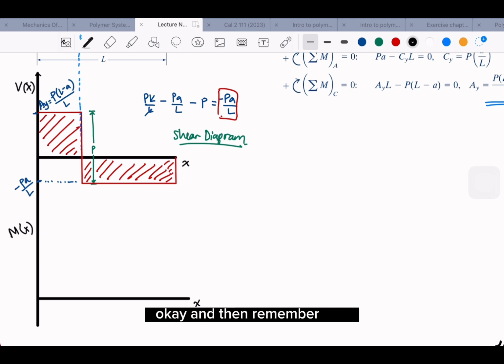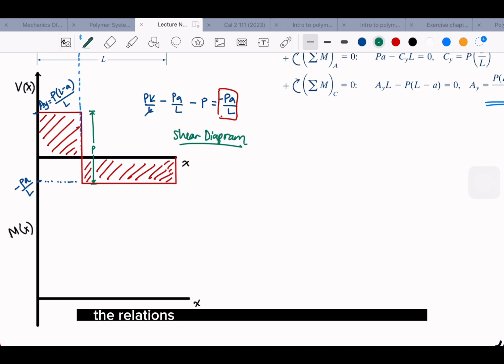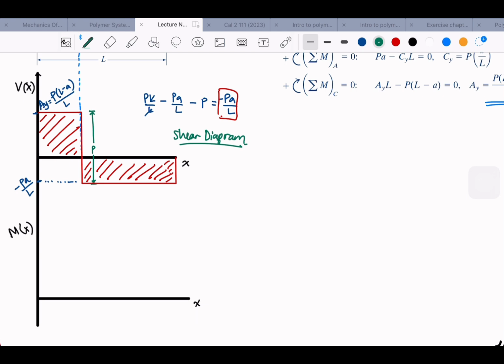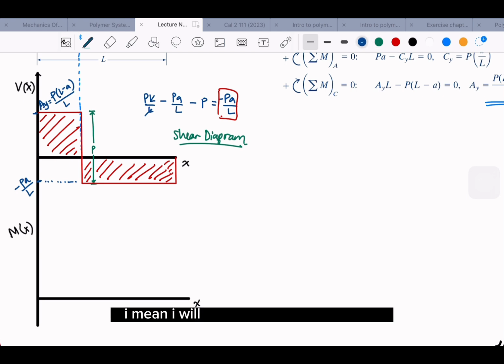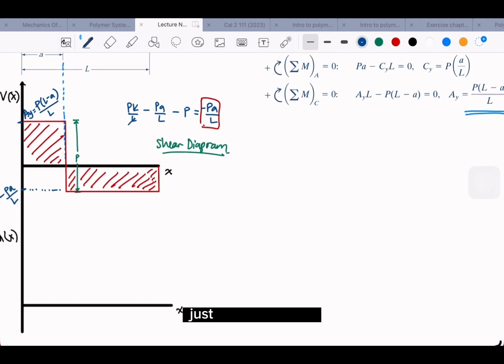Okay, and then remember that to get you the relations between the shear and the moment, I will write on the right side here just for some notes.